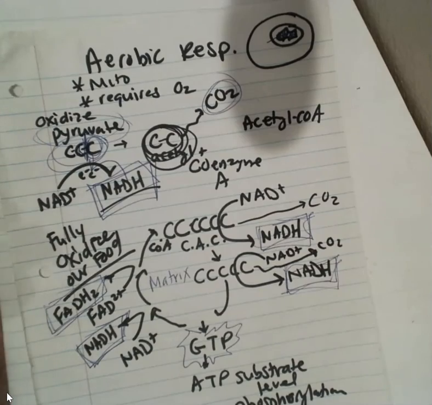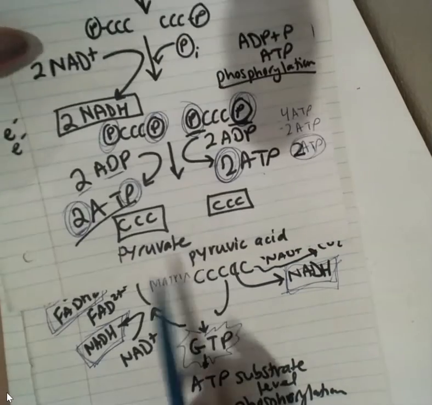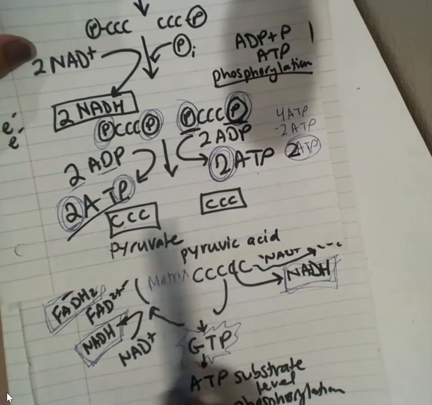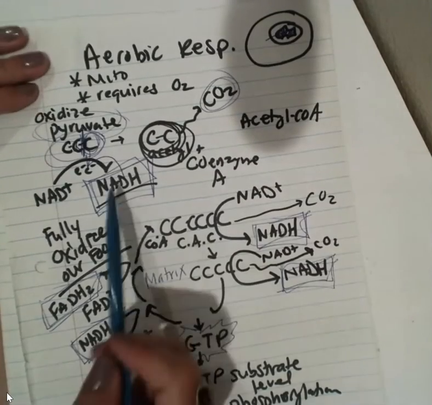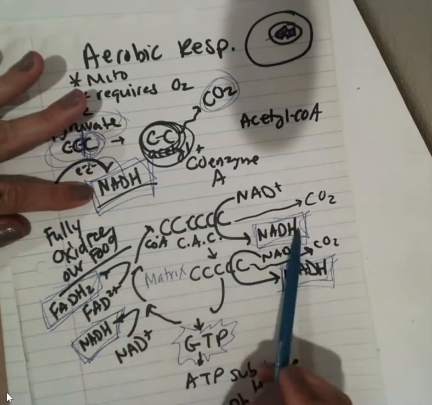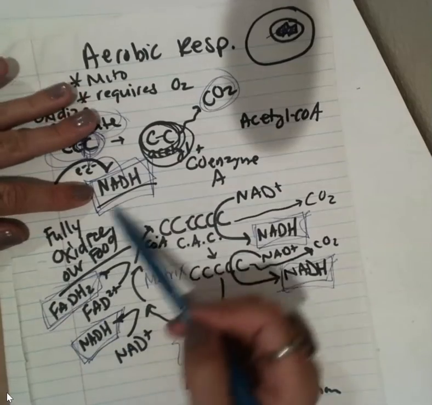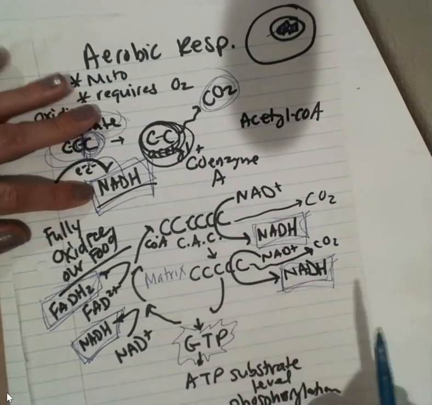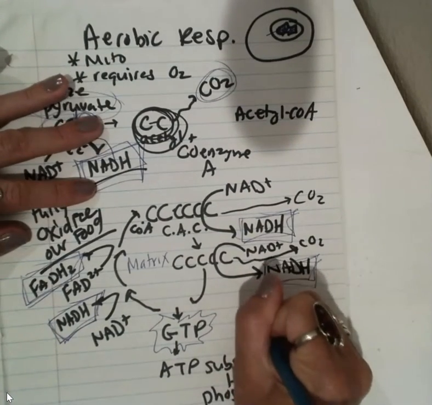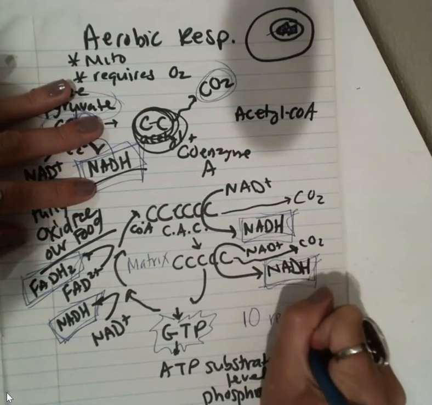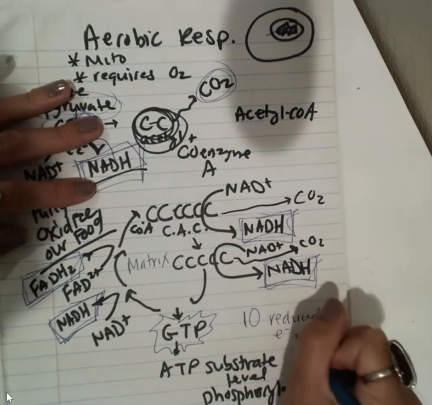But if you remember, in glycolysis, we actually make two pyruvates, or two pyruvic acids. So in the counting, we have one electron carrier reduced, 2, 3, 4, 5. That's going to happen twice because there were two pyruvates. So at the end, we end up with 10 reduced electron carriers.